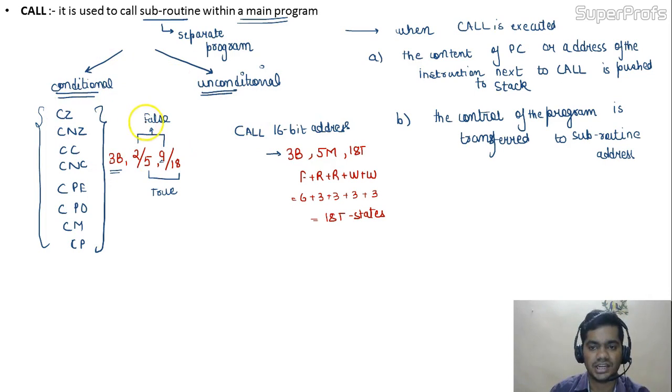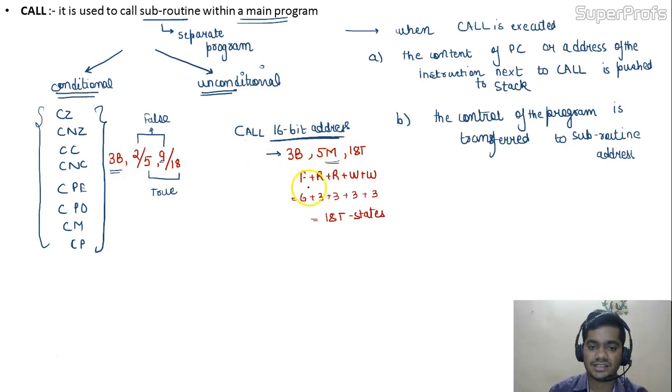So this is for conditional. And for unconditional case, call 16-bit address, that is whenever there would be the statement, it would go to this memory location, and at this memory location whatever separate program is written, it would be executed first, then it would return to the main program. Okay, so it is also a 3-byte instruction.